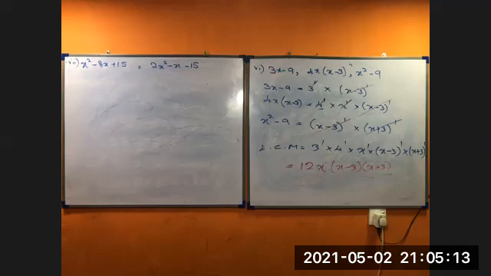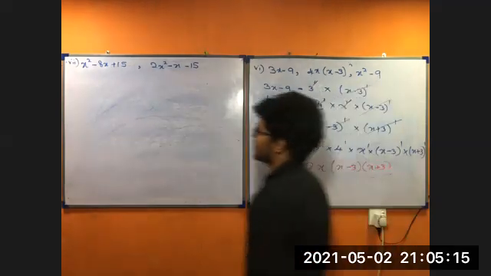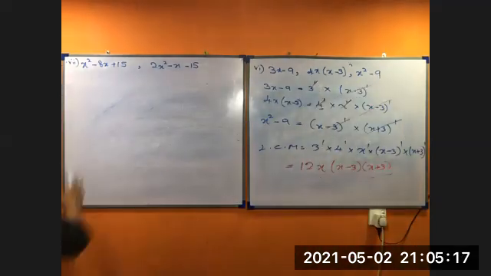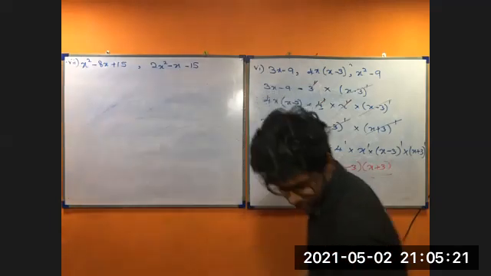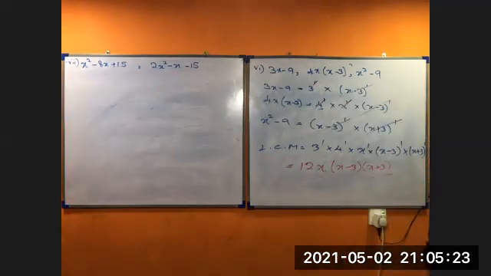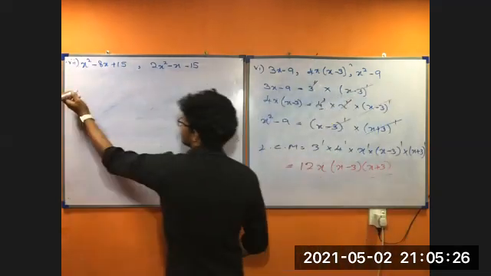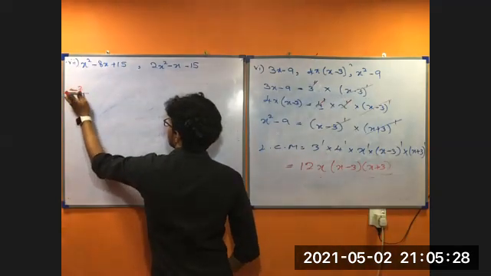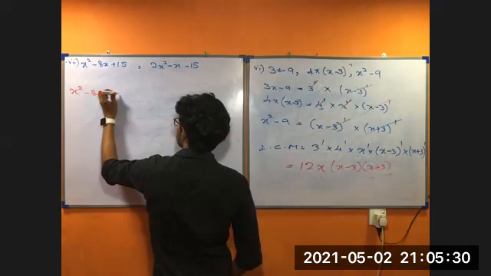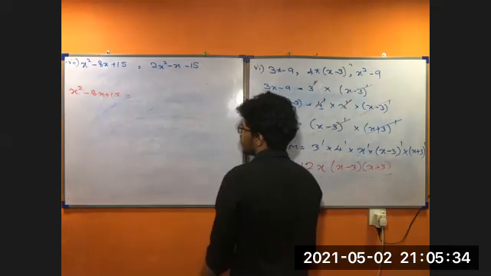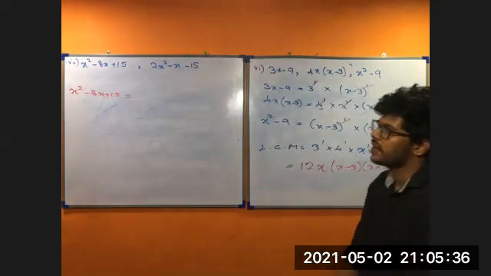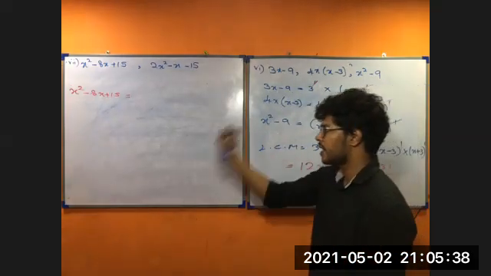Okay, let me do it. Last lesson, you learned how to find the factors, right? So for x squared minus 8x plus 15, how to find it? From 15, how to make 8? So 5 times 3, or minus 5 times minus 3.